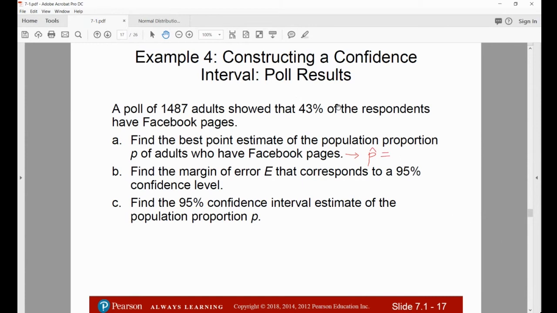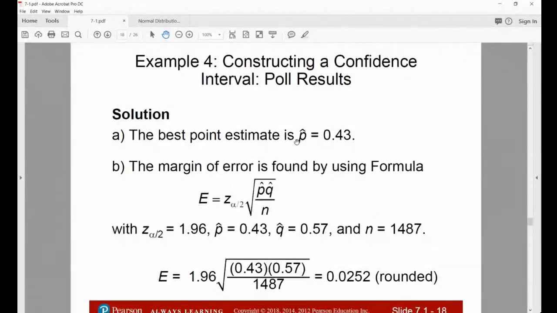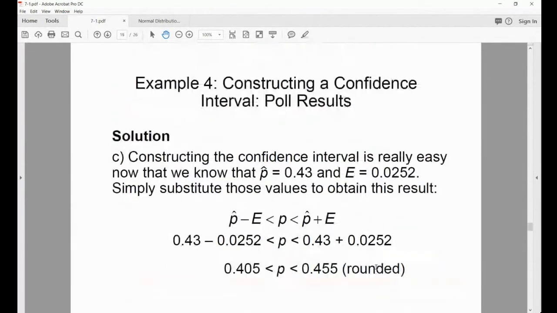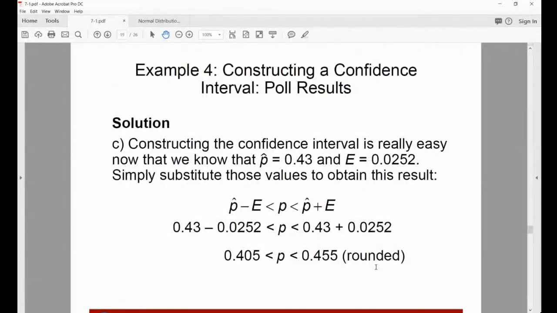When the information is given as a percentage, if 43% of people have Facebook pages, then the sample proportion is 0.43. We have the solution on the next slides. The sample proportion is 0.43. The margin of error is 0.0252. And the confidence interval is from 0.405 to 0.455.